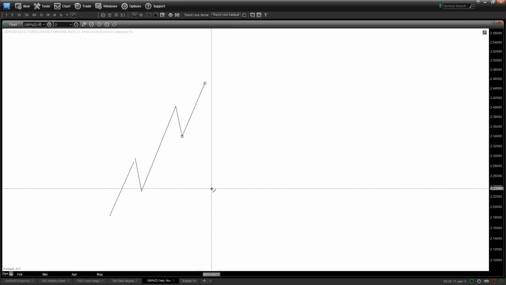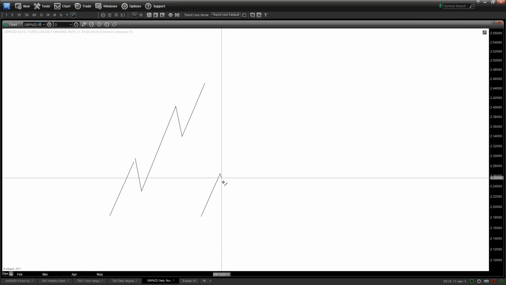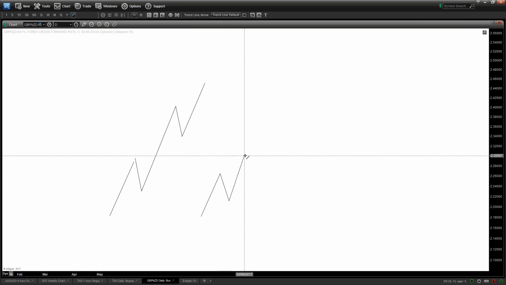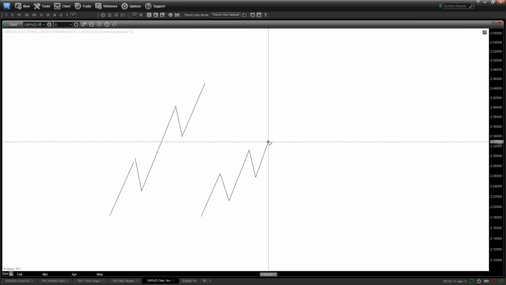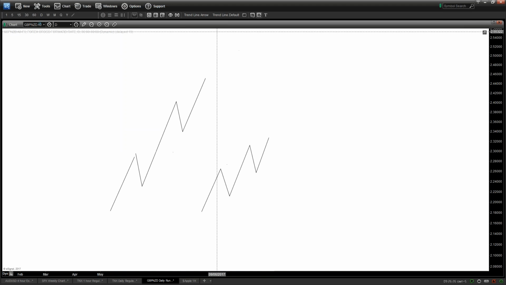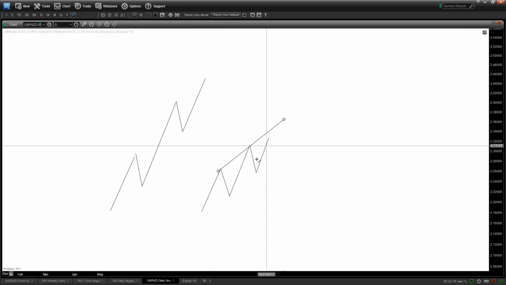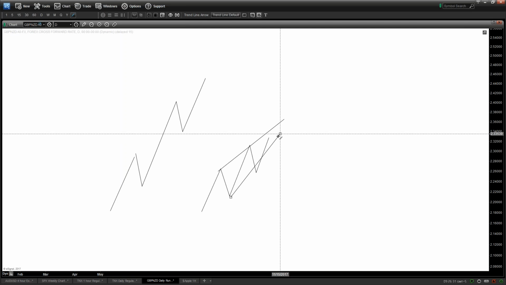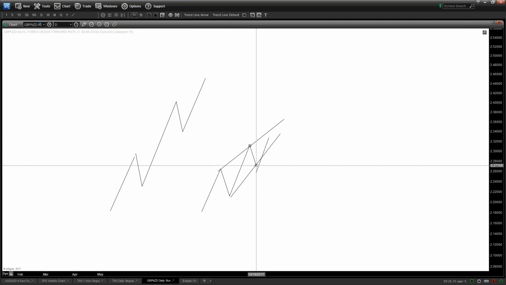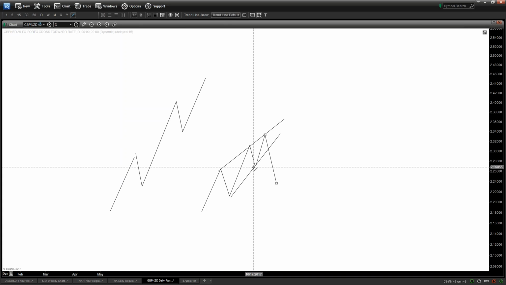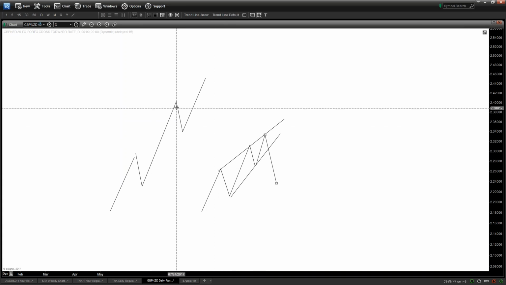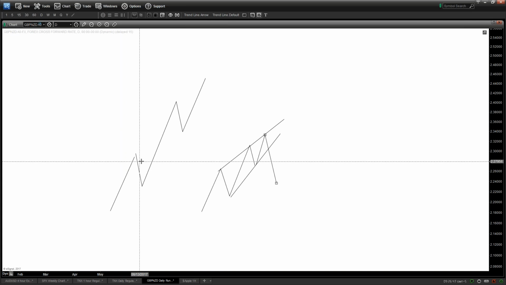But a diagonal is like this. I cannot draw it well, but a diagonal is like a wedge. Think about a wedge. That is what a diagonal looks like. So in a diagonal, you can have an overlap, but in an impulse, you cannot have an overlap.